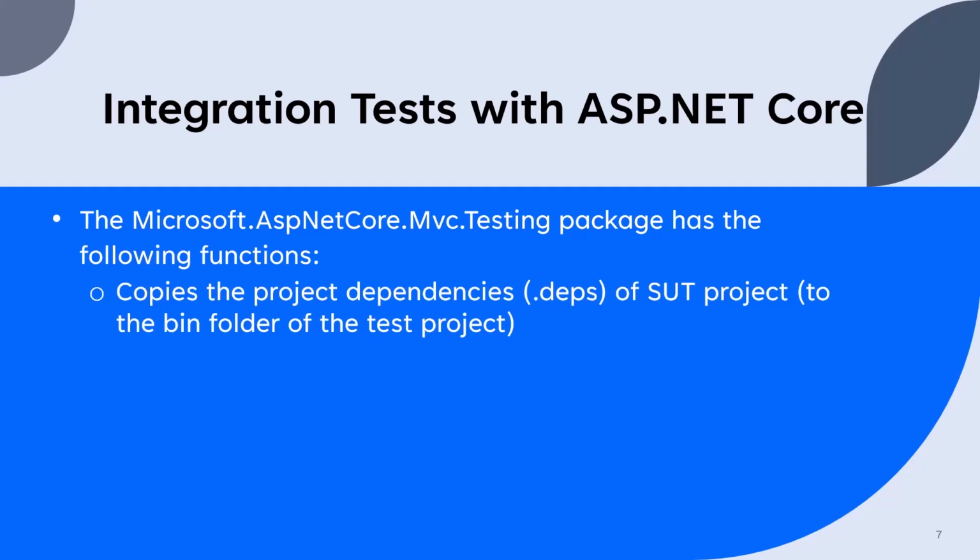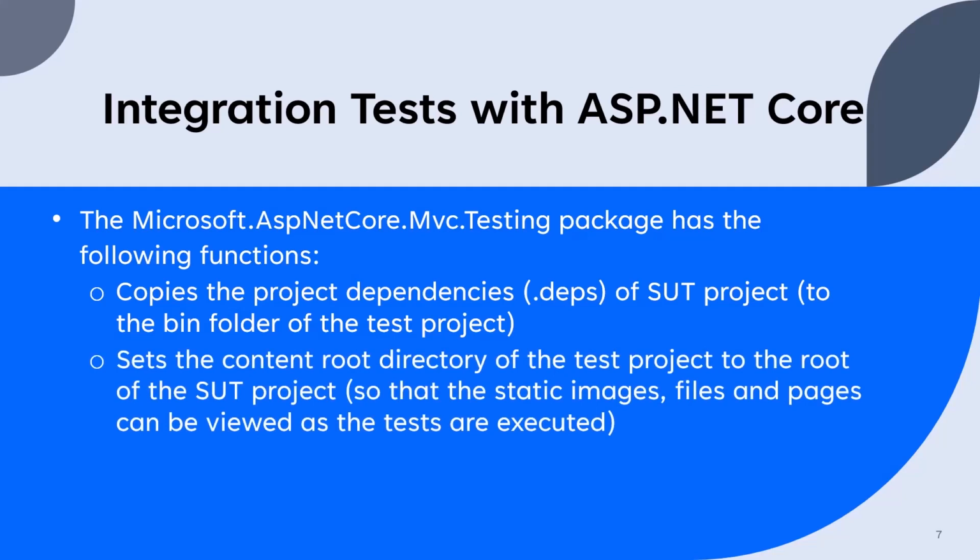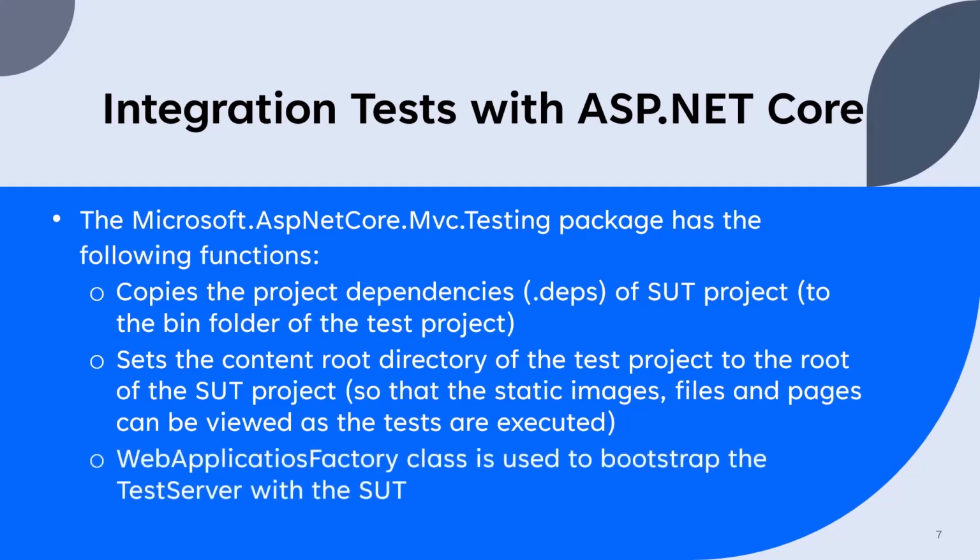The important three functions are: it copies the project dependencies, or .deps, of the SUT project to the bin folder of the test project, and it sets the content root directory of the test project to the root of the SUT project, so that the static images, files, and pages can be viewed as tests are executed. And it is used to bootstrap the test server with the SUT, or system under test.